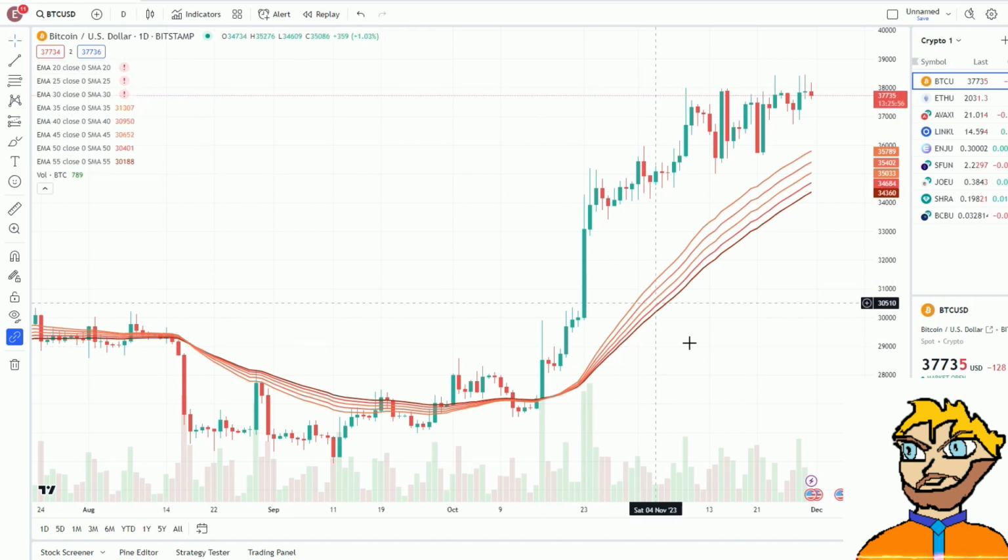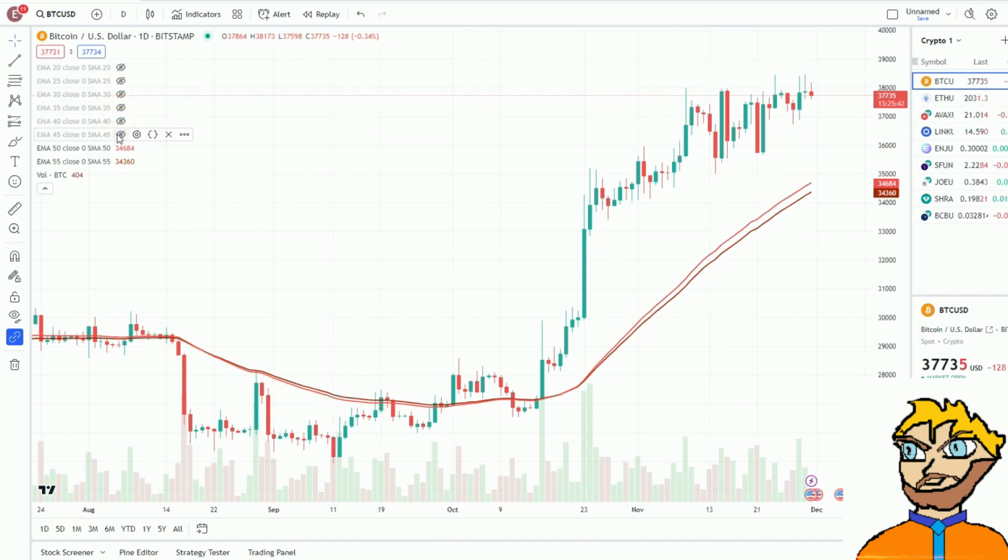And then you see we've got many lines here. That's too much for me, at least, so I will hide everyone except for the last 2. You just click on the eye there, and those will hide, and now we just see 2 lines, and we're inside the Bitcoin chart, by the way. Here we've got the 50-day moving average, and there's a 55-day moving average.